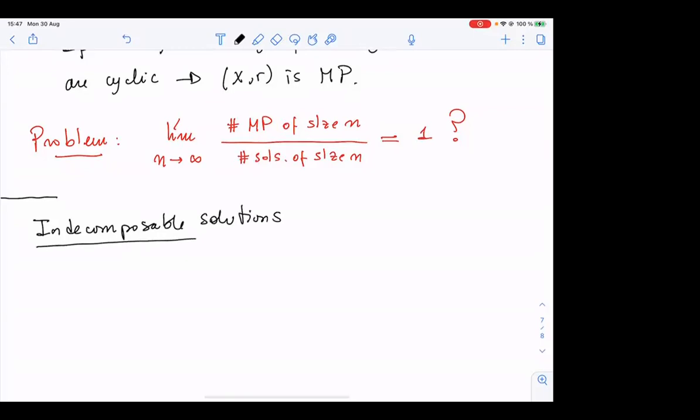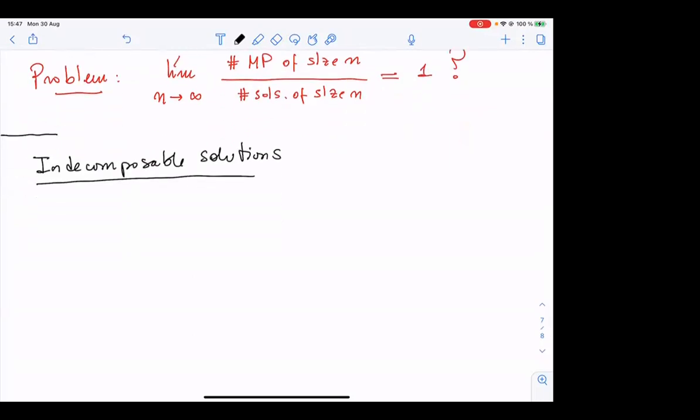So what are indecomposable solutions? Again, indecomposable means that you cannot somehow break your solution into smaller solutions. But since we are using group theory, you can define this in a better way using this permutation group.